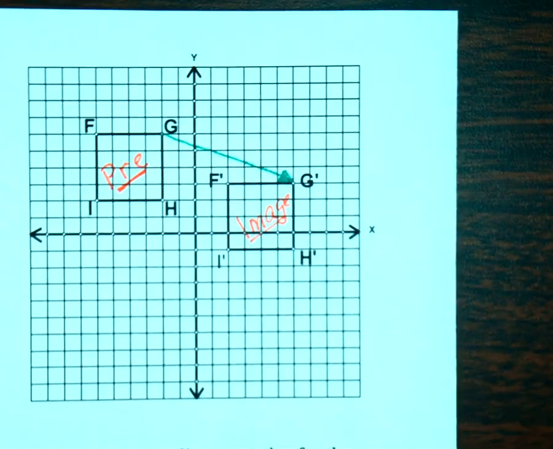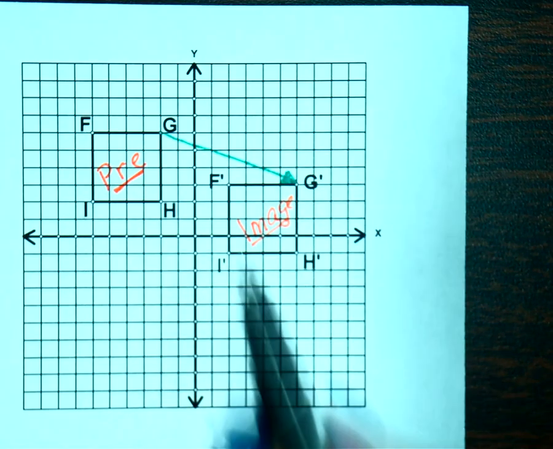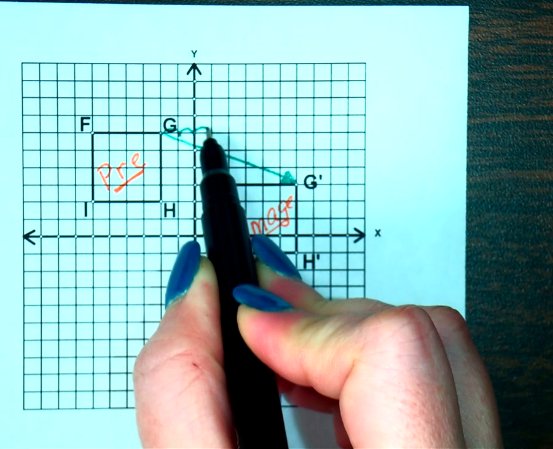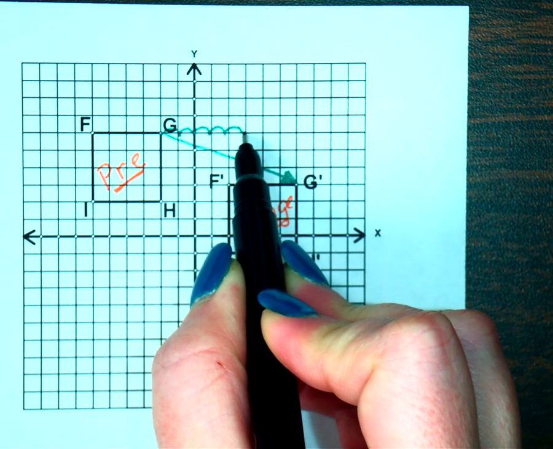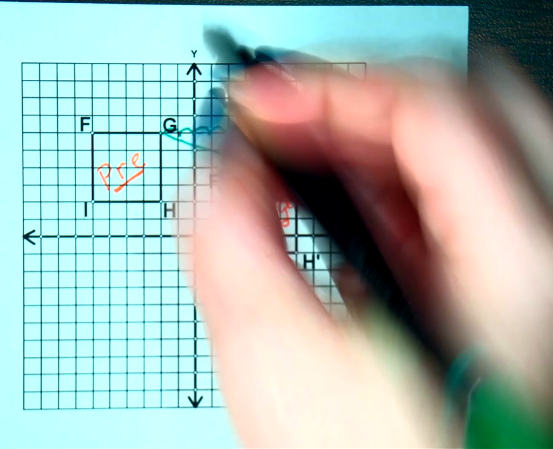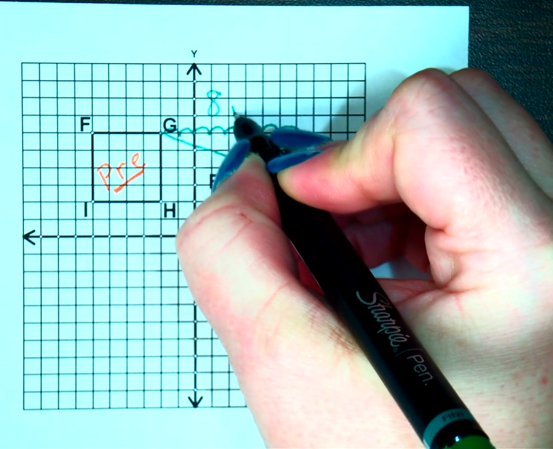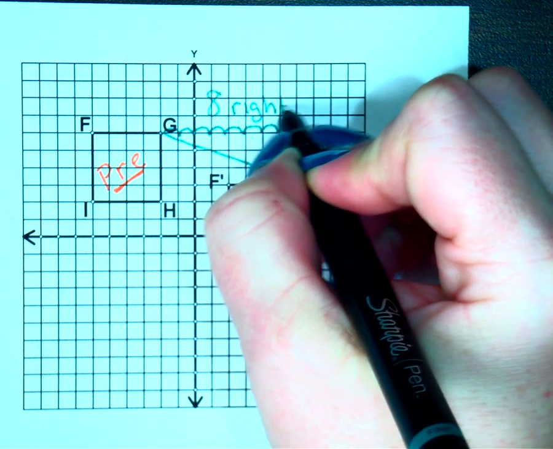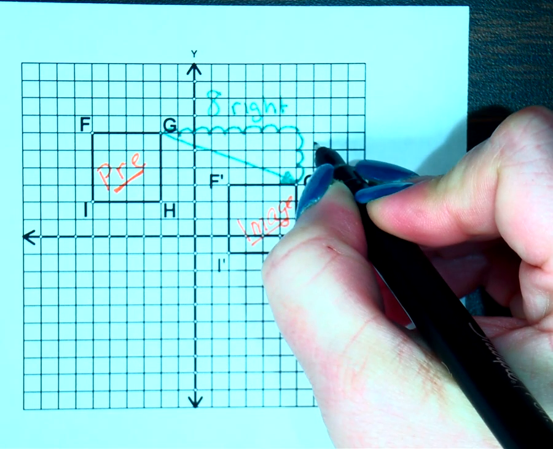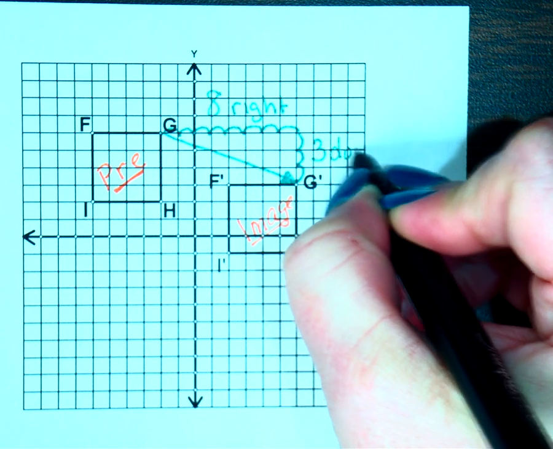Okay, so I'm going to zoom in so you can see it a little bit better. So if I count, I can see I have to go over 1, 2, 3, 4, 5, 6, 7, 8 units to the right. And then I have to go 1, 2, 3 units down.